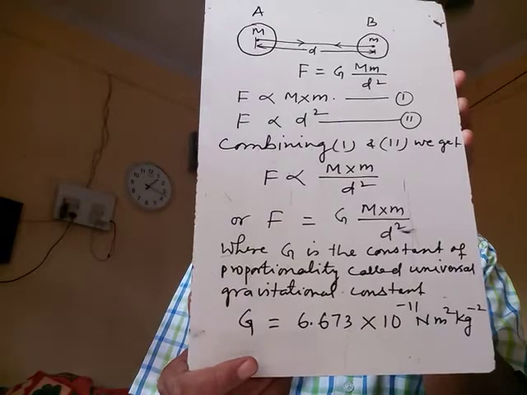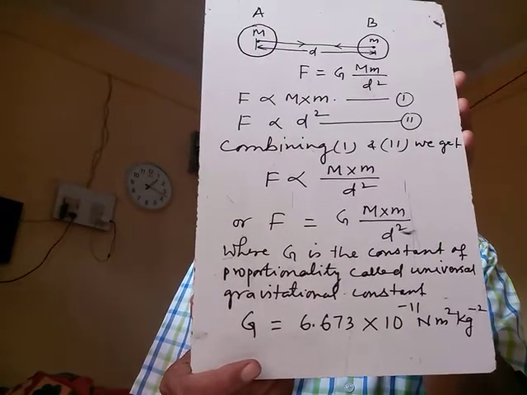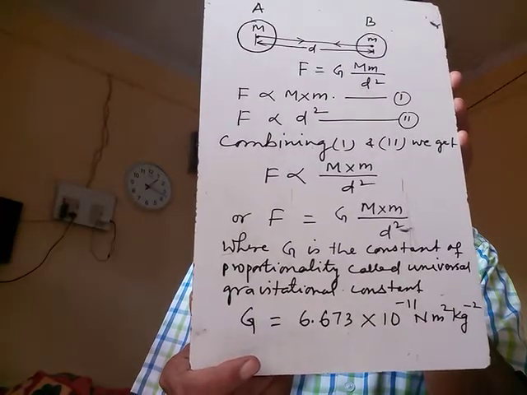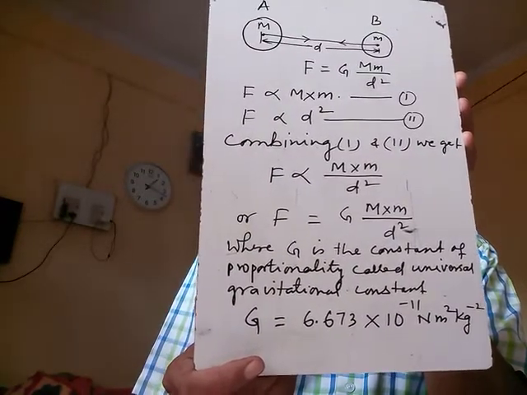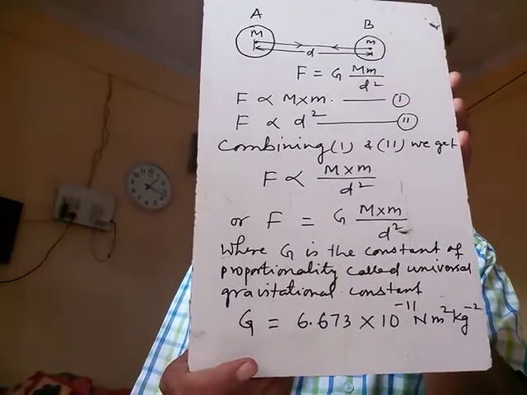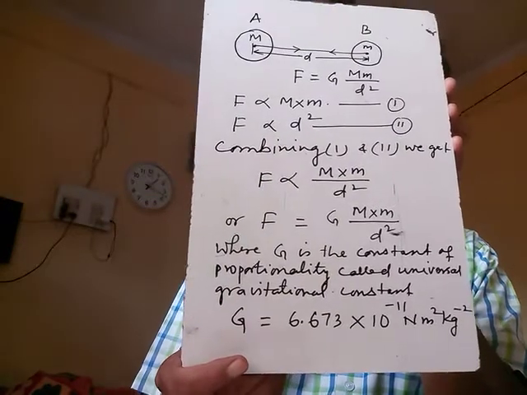So if we equate this equation, then we have to give one constant. Here G is the constant. It is the constant of proportionality, and it is called the universal gravitational constant.